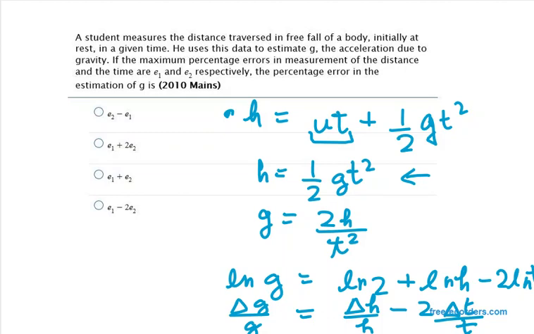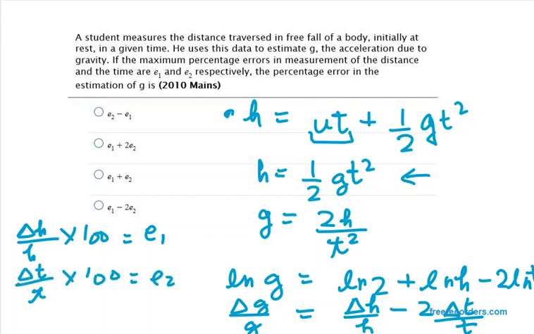It says if the maximum percentage errors in measurement of the distance and the time are E1 and E2 respectively. It says maximum percentage error. That means we are given del h over h into 100 equal to E1 and del t over t into 100 equal to E2. So this is given to us.